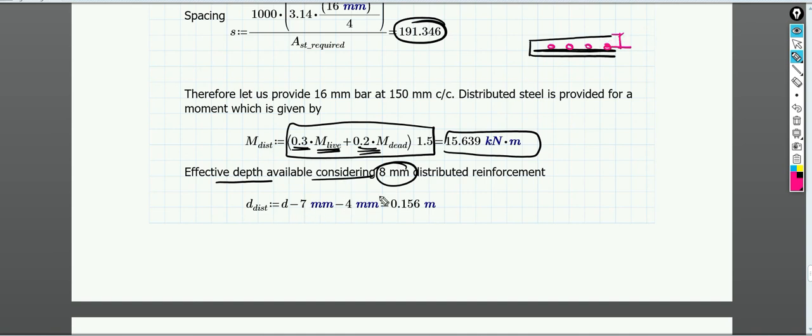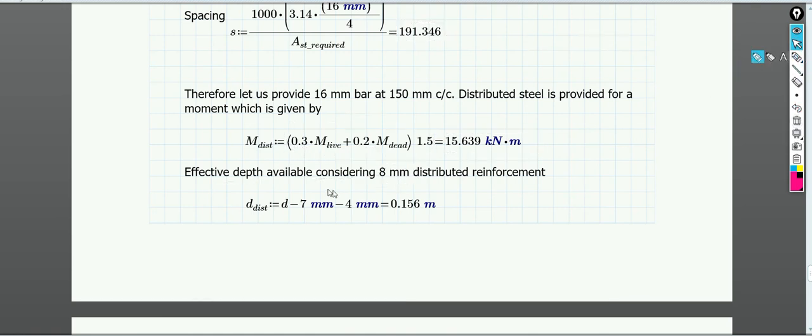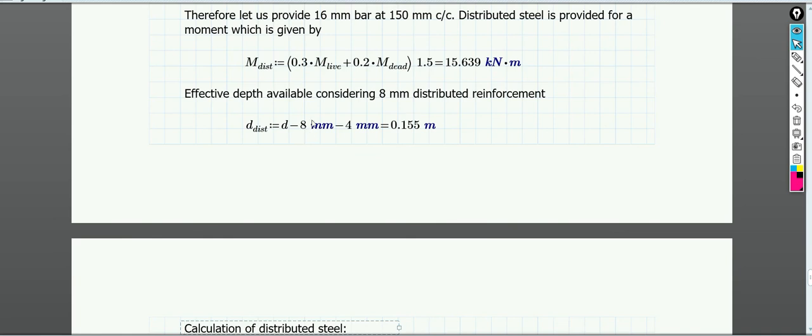How much will it be reduced? From the overall depth d, I will subtract another 8, and 4, which is d by 2 of the 8 mm bar, that is 8 by 2. Okay, that will be 4.